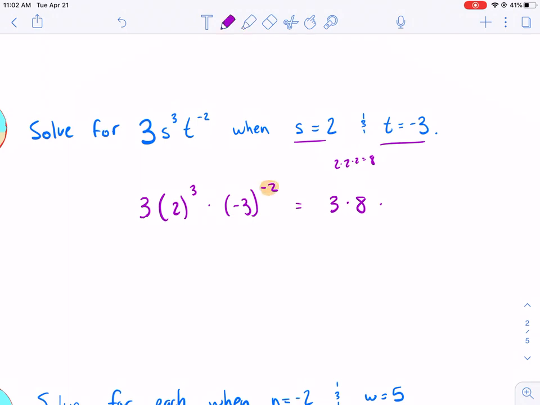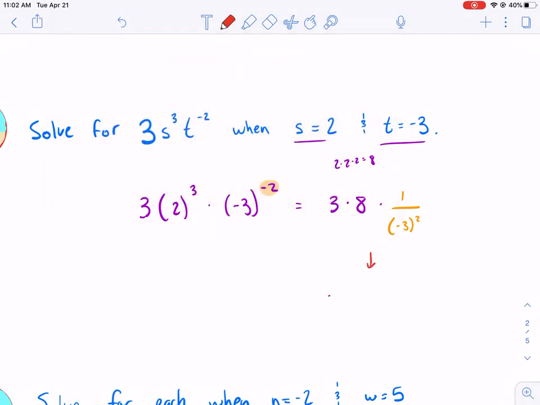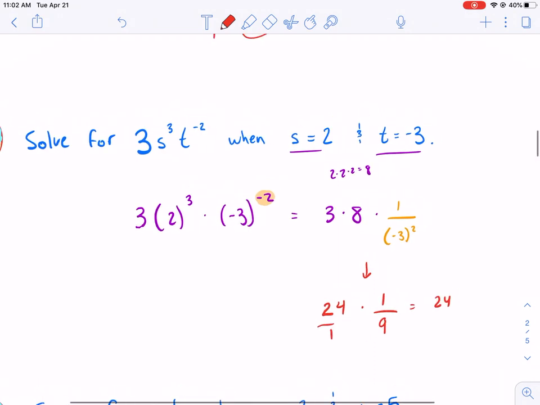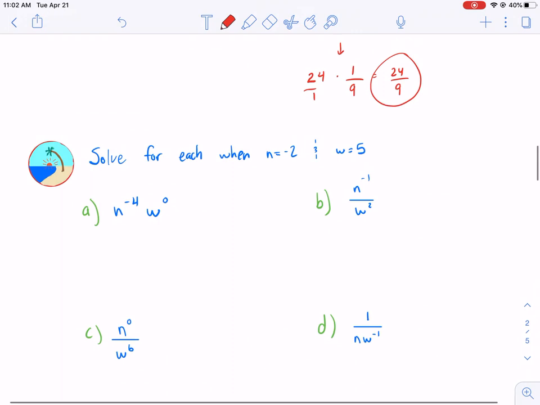We're going to rewrite this as 1 over negative 3 squared. I'm going to simplify again. So we have 3 times 8 is 24, times 1 over negative 3 squared. Negative 3 times negative 3 is 9. So this equals 24 times 1, 24, over 1 times 9, 9. 24 over 9.